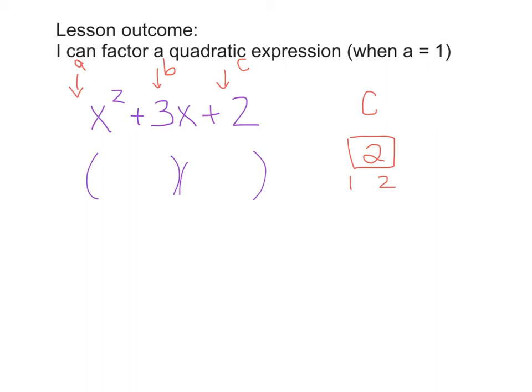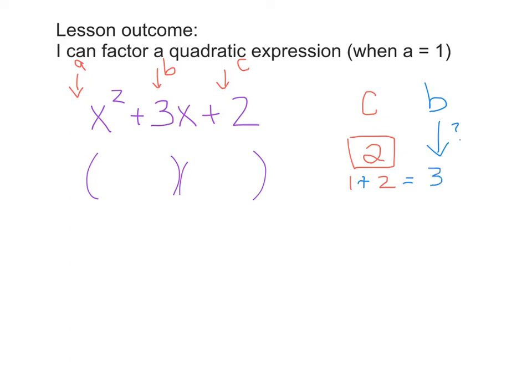Then we are going to check b. What I mean by that is we are going to add the 2 factors that I've listed here, 1 and 2, and find out if it equals our b value. So what's 1 plus 2? Well, it's 3.